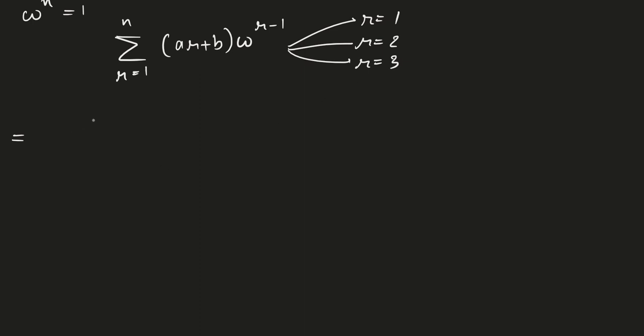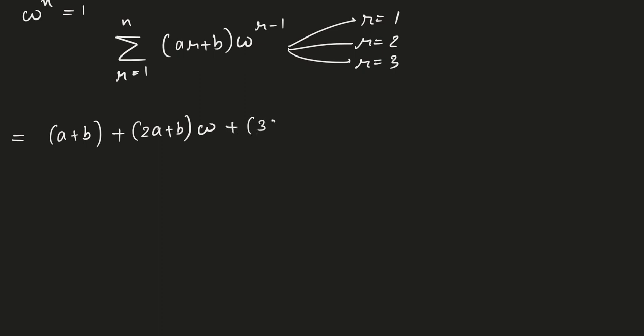After putting r equals 1, we'll get a plus b, putting the value of 1 here, we'll get omega raised to power 0, which just means 1. Then we'll get 2a plus b. Putting r equal to 2 here, we'll get omega raised to 1, then omega.